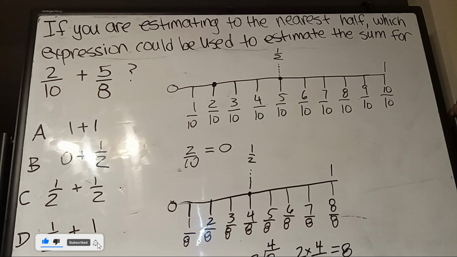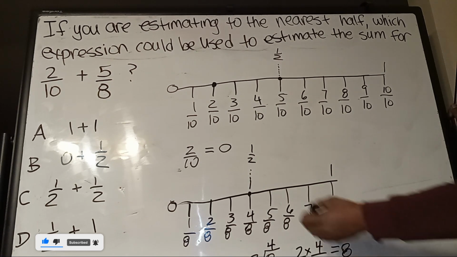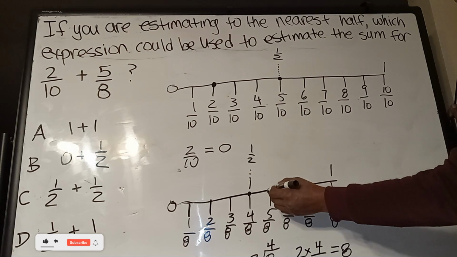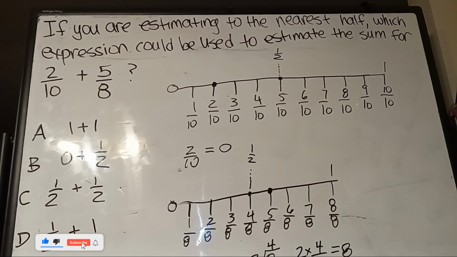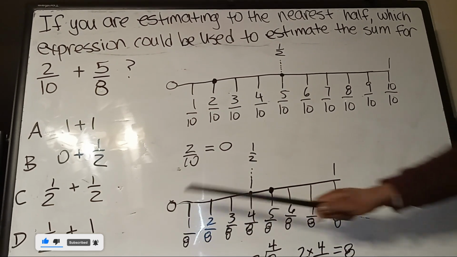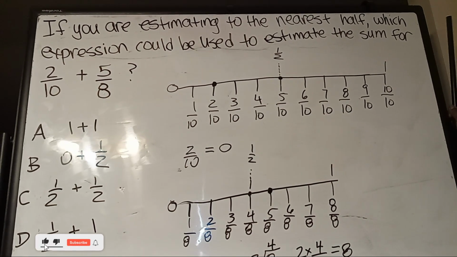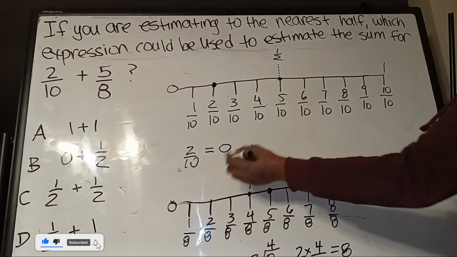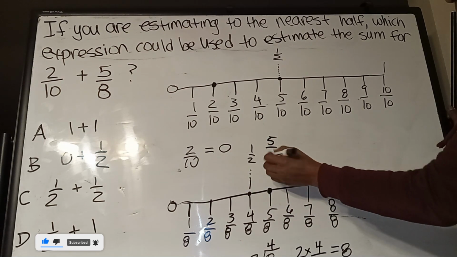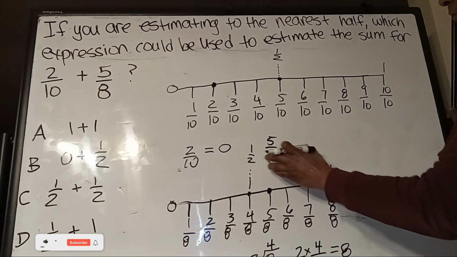And now that we have all of those labeled, we can label our 5/8 and ask ourselves the question: is it closer to 0, half, or 1? Half. Exactly. So that means 5/8 is closer to 1/2.